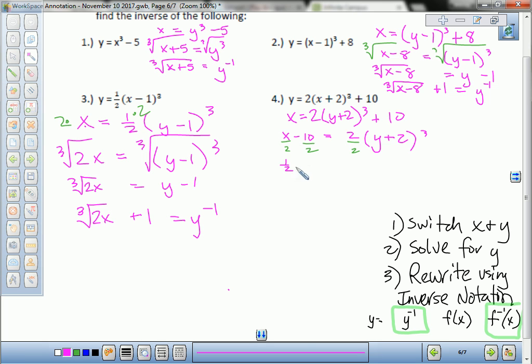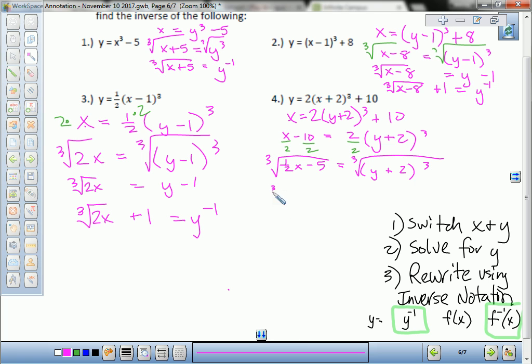You could either make it 1/2 x minus 5, or you could have made it x minus 10 all divided by 2. Either way. And then we take the cube root of both sides.